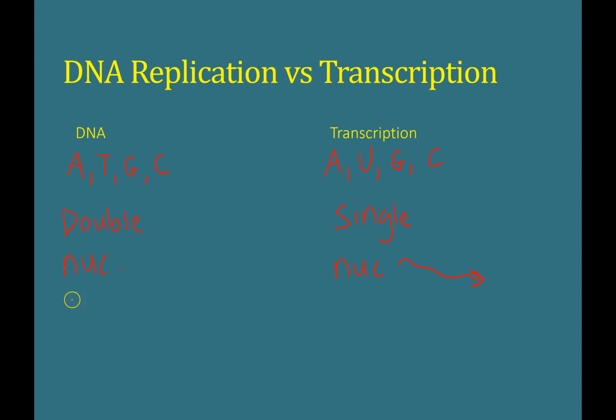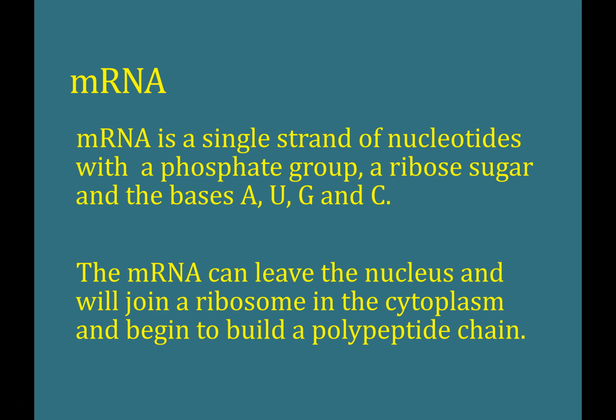And here you have the deoxyribose sugar, and in the RNA transcription, you're bringing in the ribose sugar that comes with the RNA. So mRNA, once again, is a single strand of nucleotides, and just like all the nucleotides we talked about, it has a phosphate group.